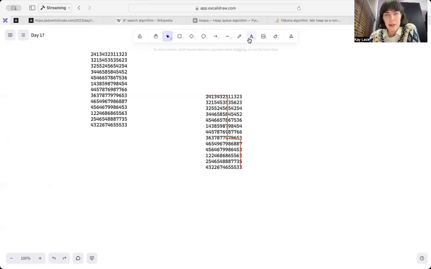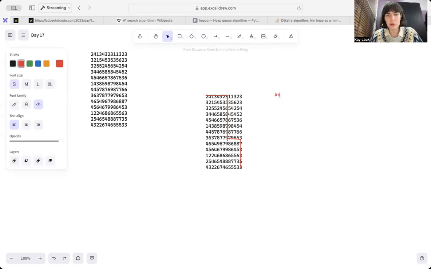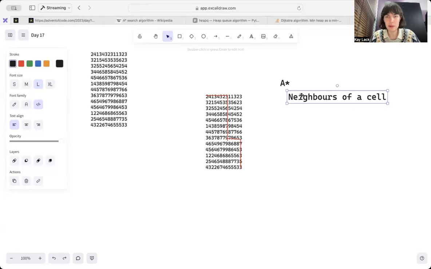So A star comes with a few different parameters. It's an algorithm that conceptually, to me, you can say it needs a few things, and the implementation of these things is up to you. It needs to be able to find the neighbors of a cell, and it needs to be able to find the cost of, I think, basically a cell to cell hop.